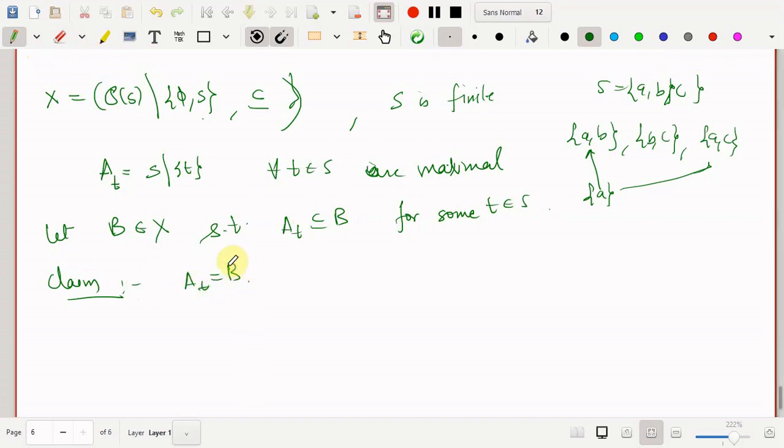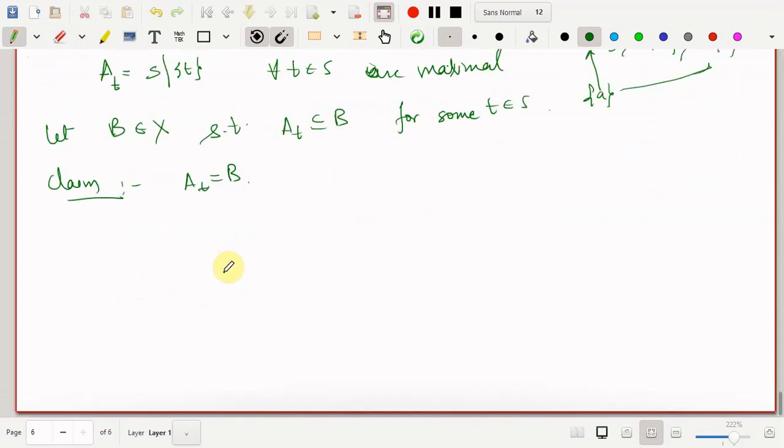Now if A_T is not equal to B, then A_T will become a proper subset of B. It's already a subset of B; if it is not equal, then it is a proper subset.